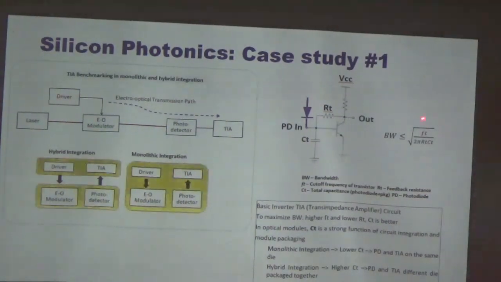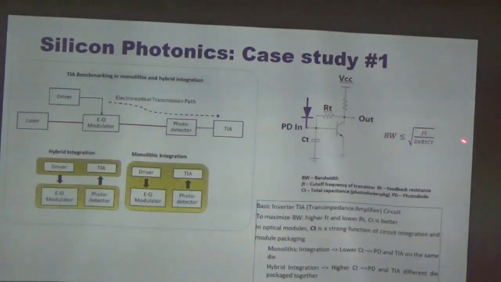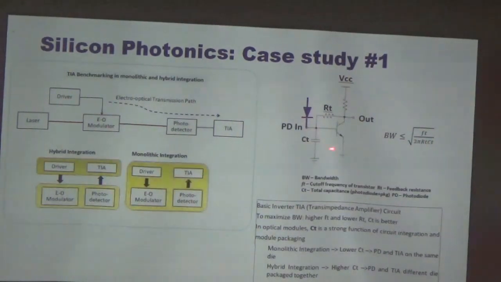So these are the bandwidth equations. It is fundamentally dependent on the FT of the technology. So for this TIA design, if you want higher bandwidth, you need higher FT of the device and also fewer parasitics, that is, less input capacitance, so that we can get better bandwidth.